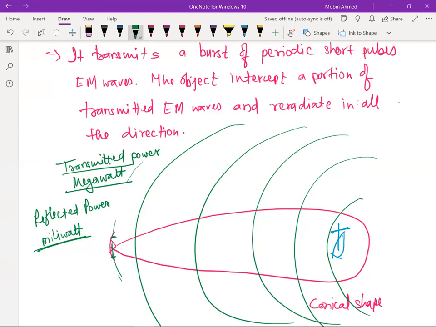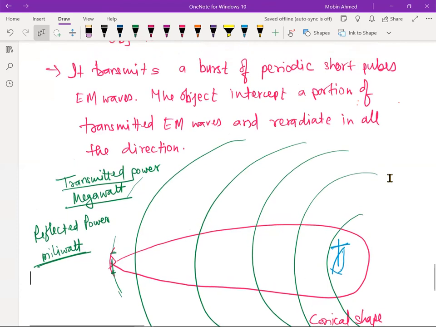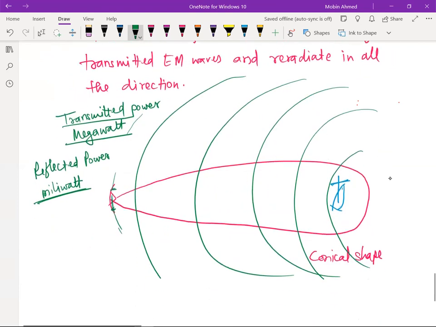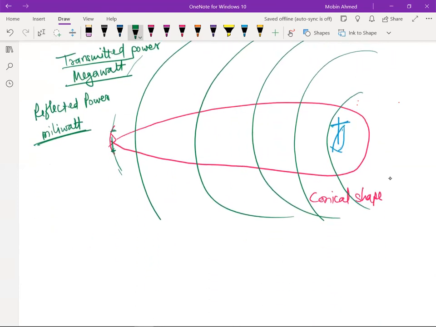And it will be just a milliwatt, a very small power that is going to come back to the antenna. And that is what I have written here. The object intercept a portion of transmitted EM waves and re-radiate in all the directions. So if the area of the radiation is more, power is going to be reduced further. Okay, so it is going to be less.